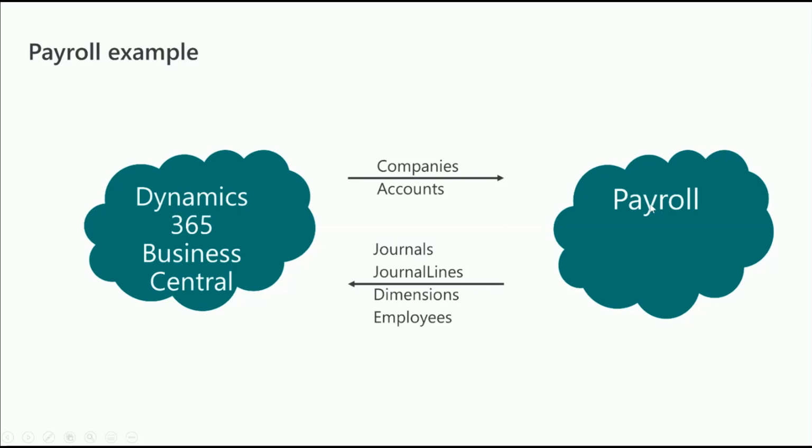You would, from a payroll application, fetch those, and then from the payroll SaaS application back to Business Central, you would post a journal containing payroll information, hence the journal lines. And for a payroll sample, that would be employees for salary to do the payroll for.